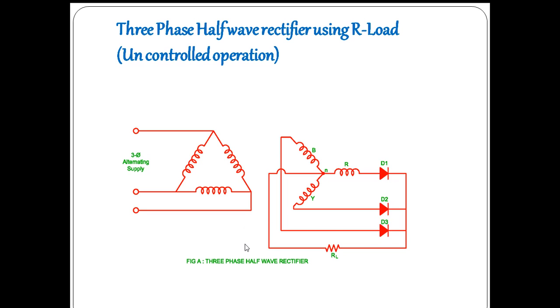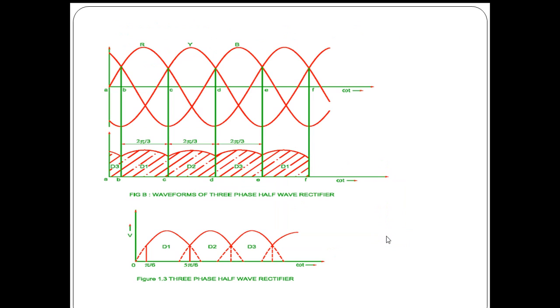We are going to see the circuit operation. Here we are providing a three-phase supply through a delta to star transformer, and on each phase of the secondary we are placing a diode. We are going to see for different time instances how the circuit operates. This is the supply waveform.